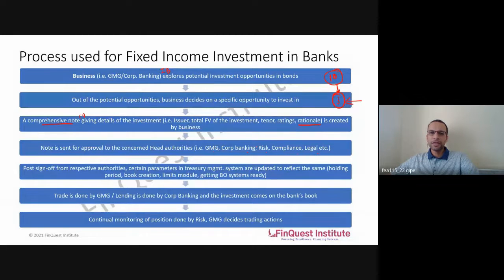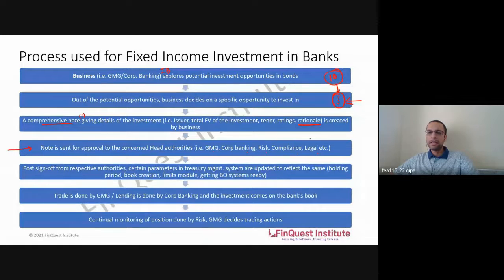Any concerns which they have can be discussed as well before any kind of finalization of the note is done. So after this step, the note is again brought up for discussion, because there may definitely be certain queries which are raised by someone. Maybe the risk team could say that they feel this particular bond investment is very risky, so they want you to have certain mitigants in place.